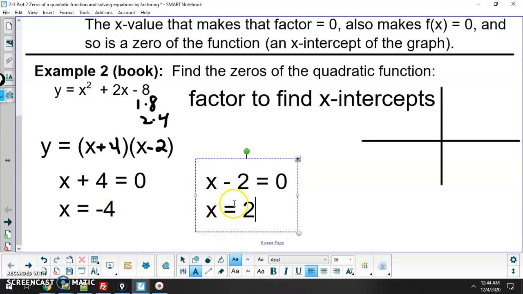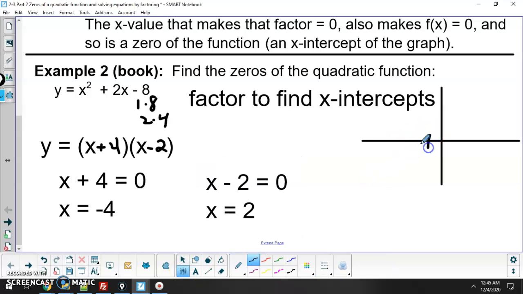All right, and so these particular zeros will help you to locate where the vertex is. So we just had to find the zeros, but graphically, if you had to graph this, what you could do is put these zeros on the graph, your x-intercepts. So at -4 is one, and here at +2 is the other one. And where do you think the vertex is?